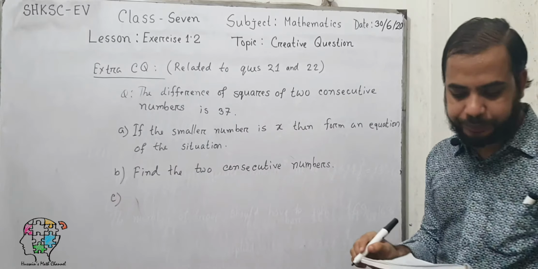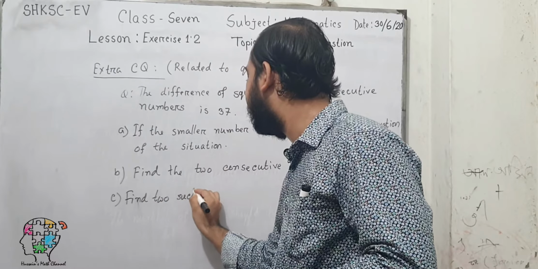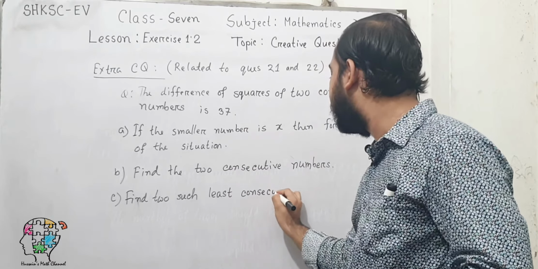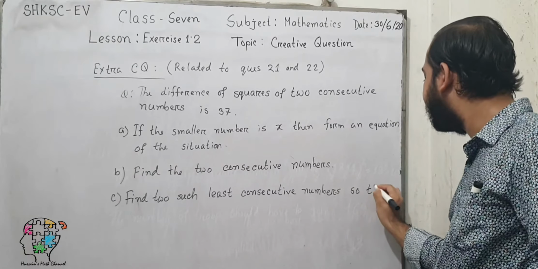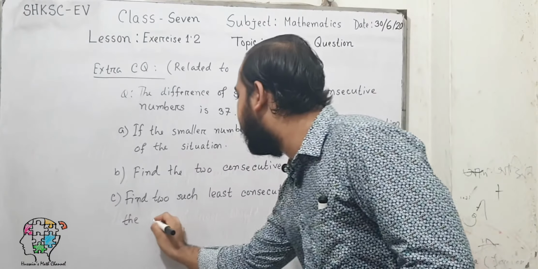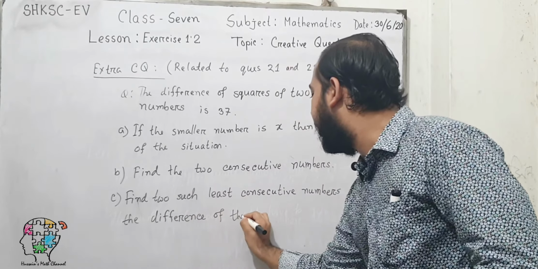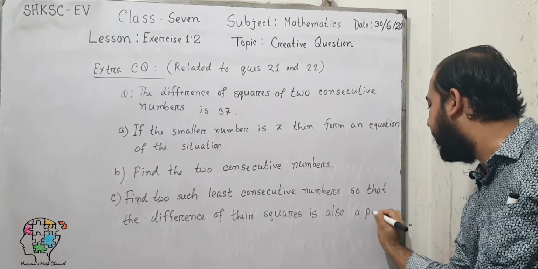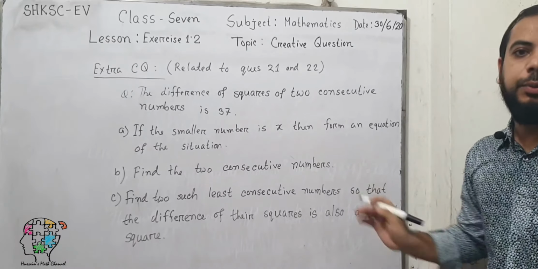And question number C: find two such least consecutive numbers so that the difference of their squares is also a perfect square, which is your homework.